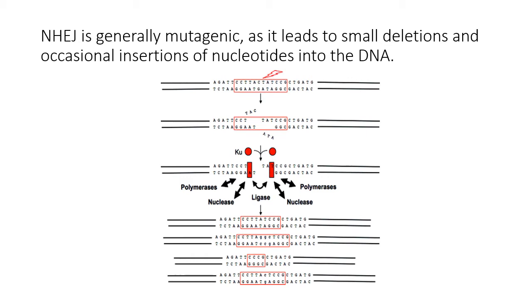Now, you're going to get a variety of different types of deletions, different lengths of deletions often. But in any case, you're going to be usually losing a few nucleotides, which can have the effect of inactivating that gene.